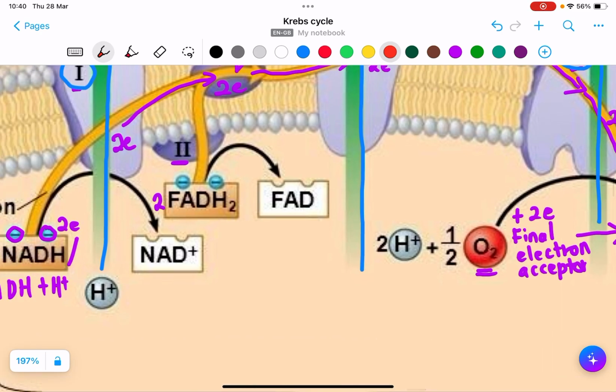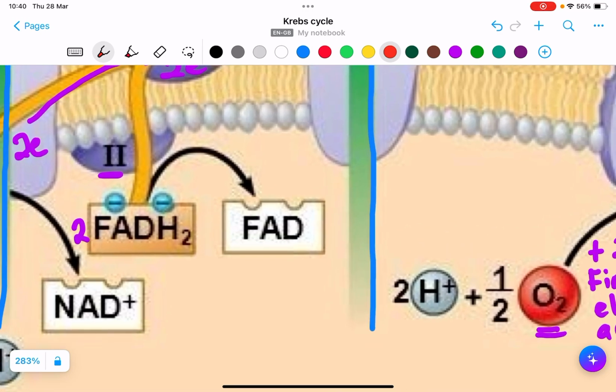Next, let's talk about the second reducing agent, which is FADH2. FADH2 also carries 2 electrons and 2 hydrogen ions. But we're just going to focus on the electrons.